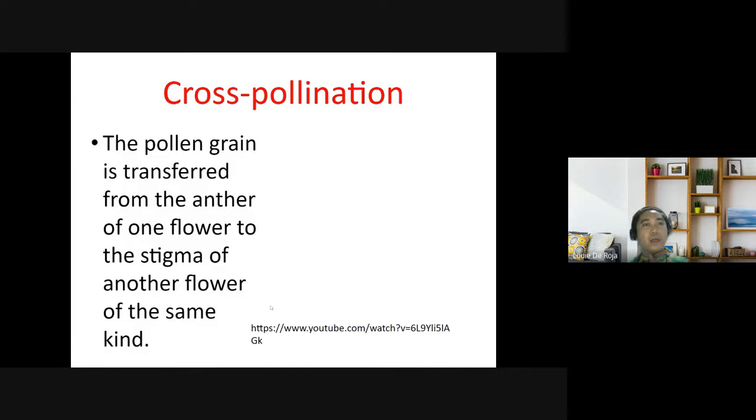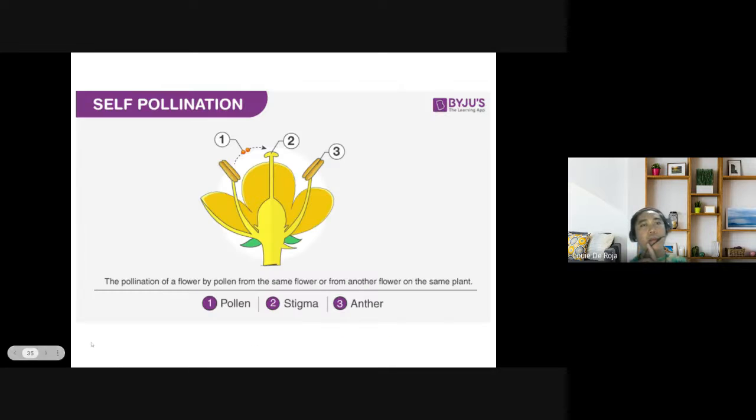So pollen grain is transferred from the anther of one flower to the stigma of another flower of the same kind. Siyempre, yung dalawang plant na yun ay magkatulad lang or same species lang. Tinatawag natin cross-pollination. Same species lang po siya. Okay, this is self-pollination.